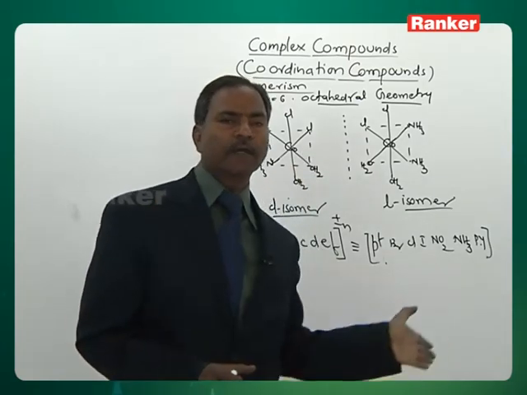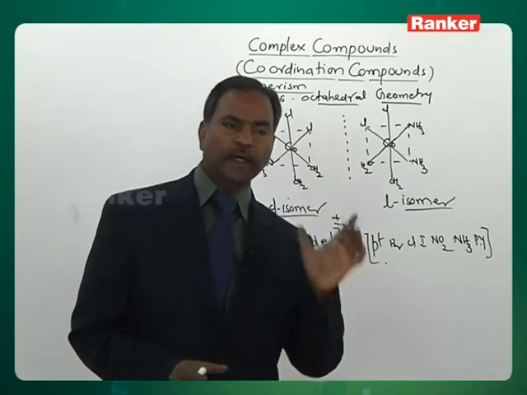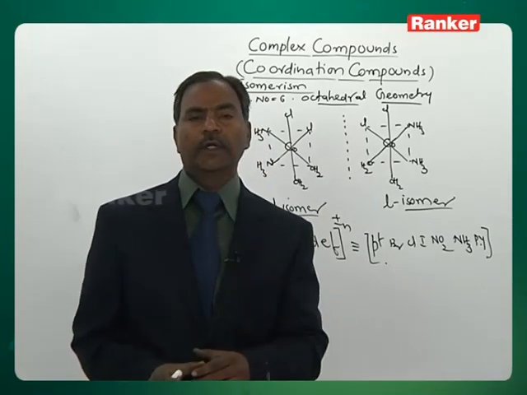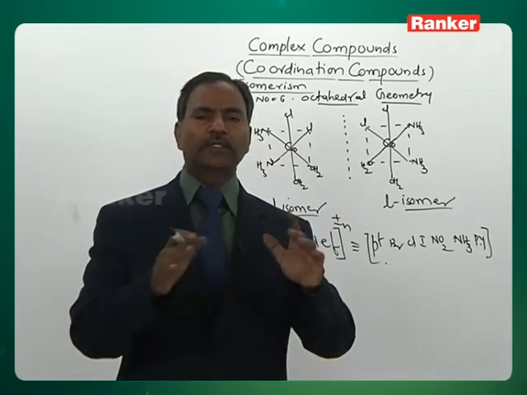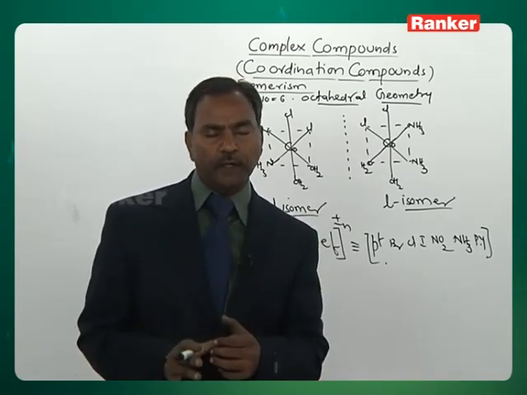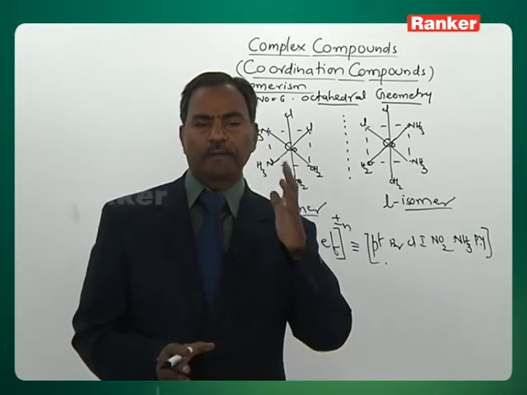So all 15 geometrical isomers, whatever you say, are unsymmetric complexes.